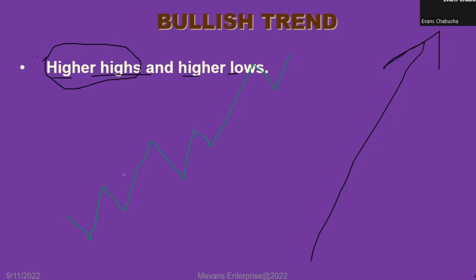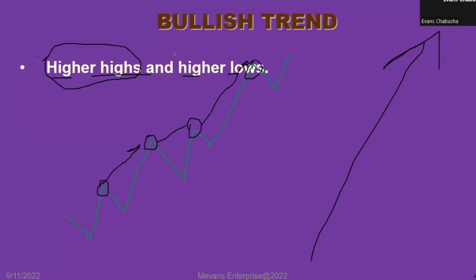So the way a trend in an upward direction works is that every new high the market forms is going to be higher than the previous high. Here, this is the previous high the market made, and it moved and made another high which is higher. It moved and made another high which is higher, like that. So you can see that this market is trending upwards.